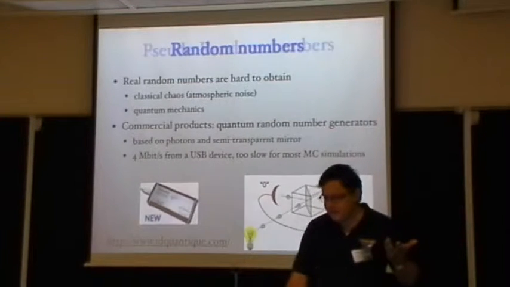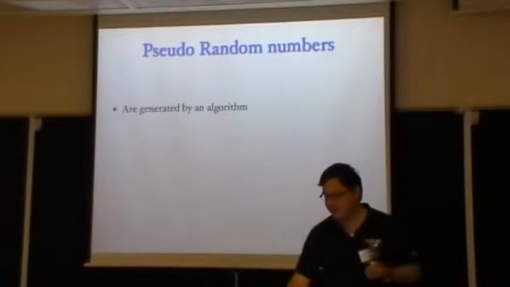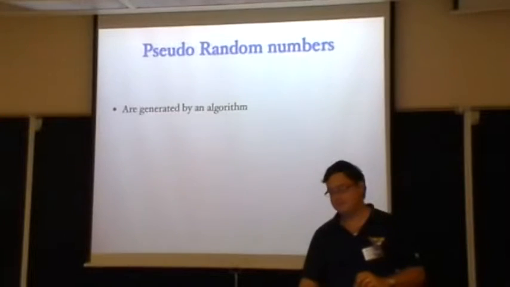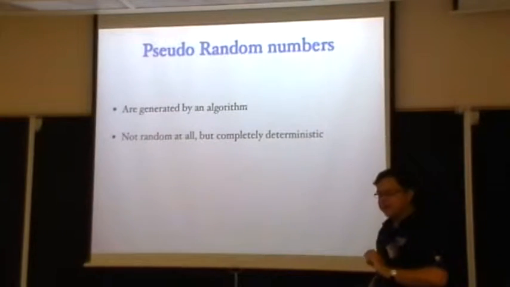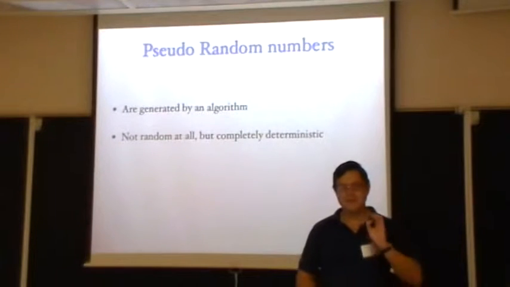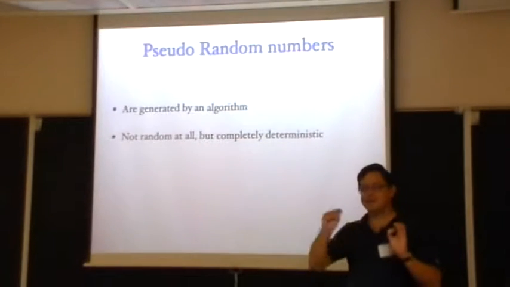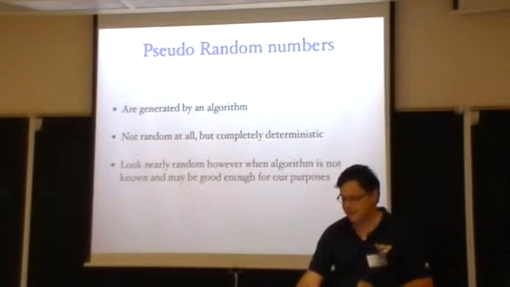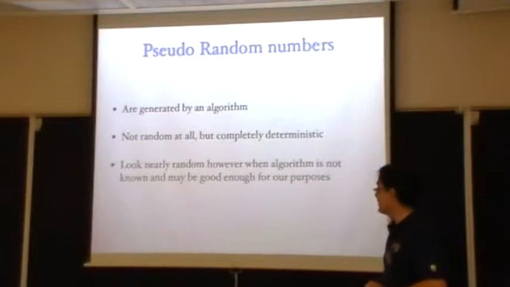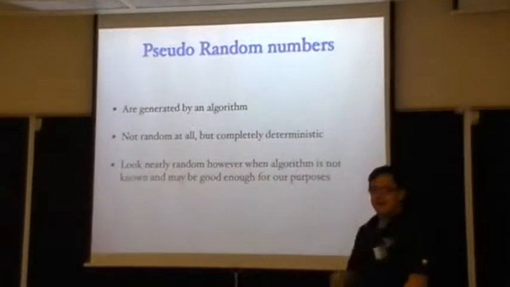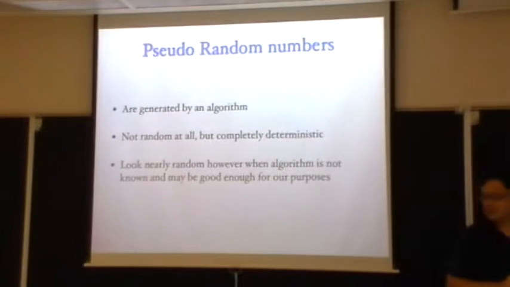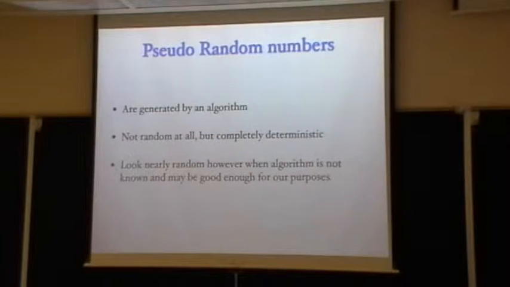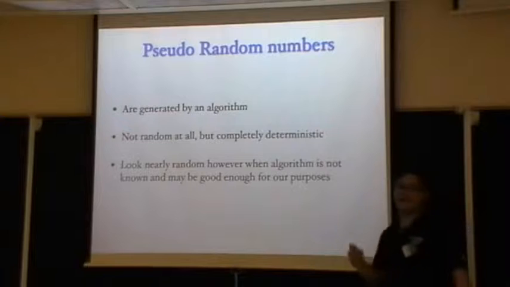What we thus do is we use pseudo random numbers. They're generated by an algorithm, which means they are not random at all. There's absolutely no entropy in that sequence of numbers. It is completely deterministic, but if I don't know which random number generator you use, then it might look like it's random.